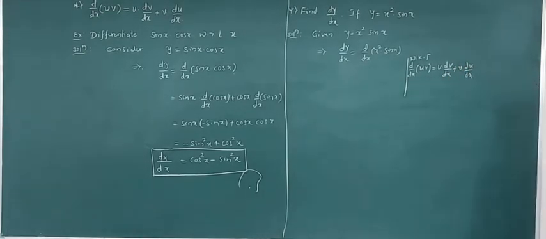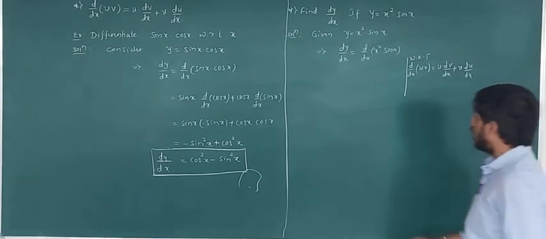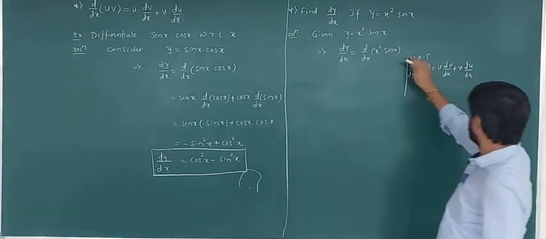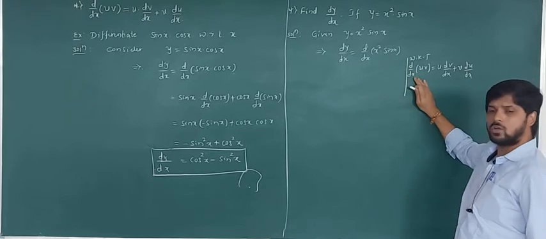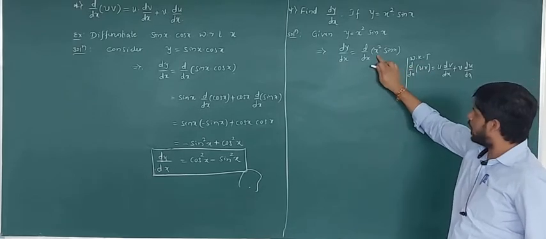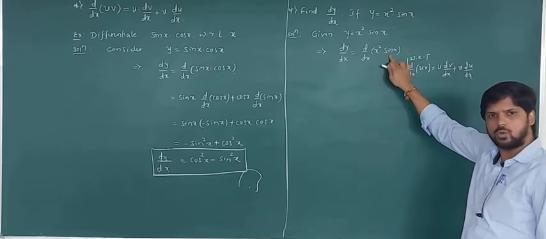This is our formula, the product rule formula. So apply this one here. Comparing these two, we have u equal to x square and v equal to sin x.